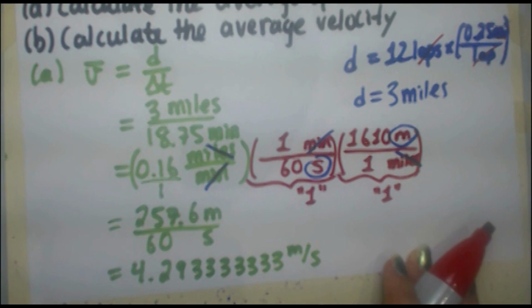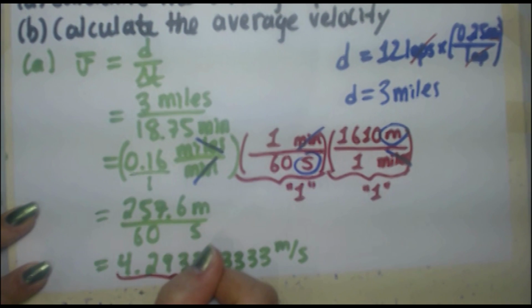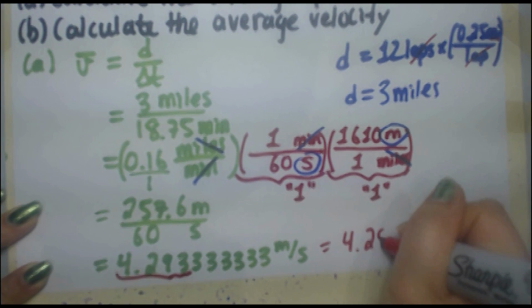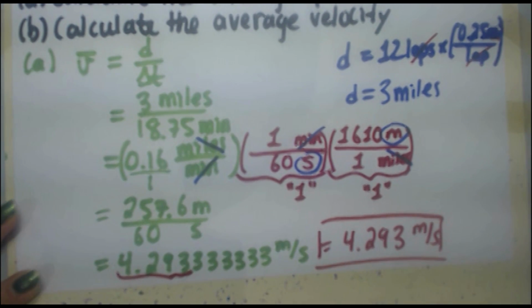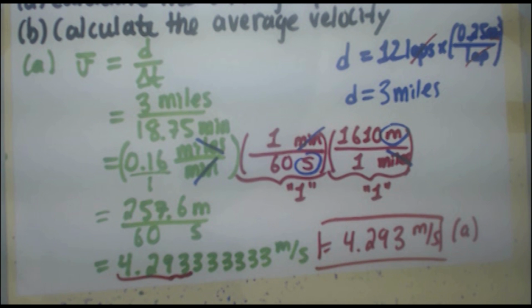Accounting for 4 sig figs means we're only going to the first 4 numbers. Therefore, this becomes 4.293 meters per second. That is the answer for part A. That is the average speed.